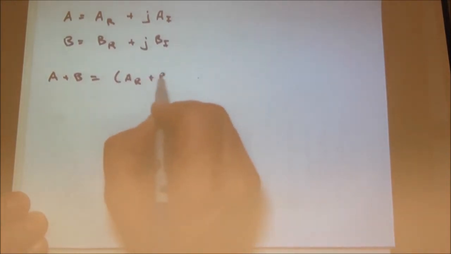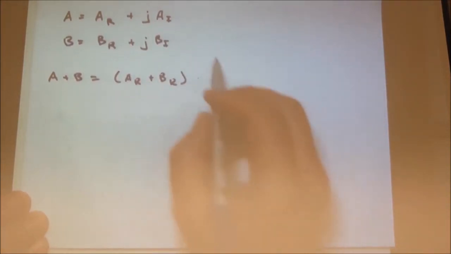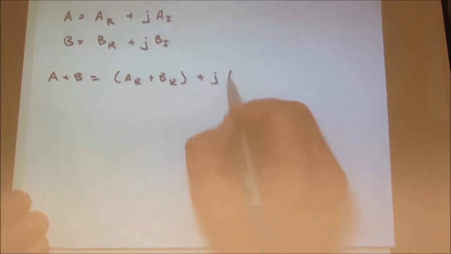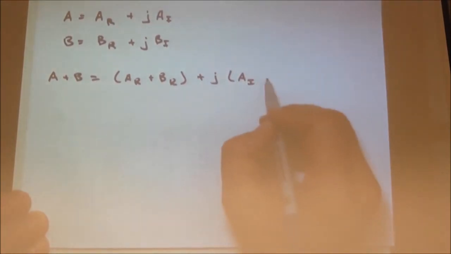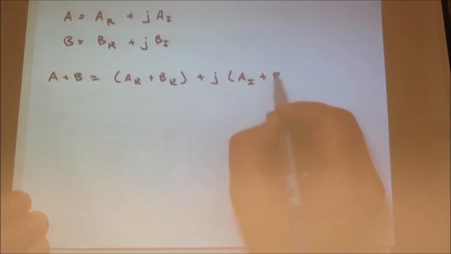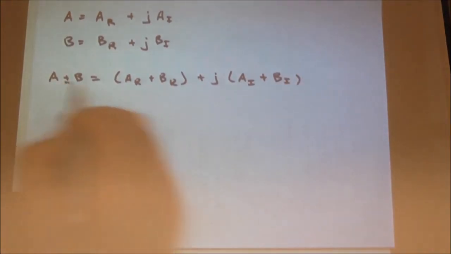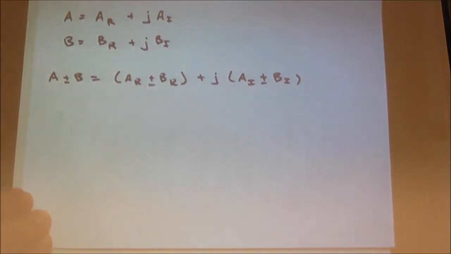A real plus B real plus j, A imaginary plus B imaginary. And we can do subtraction as well, plus or minus, as the case may be. So, addition, fairly straightforward.